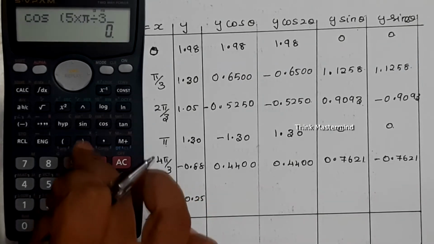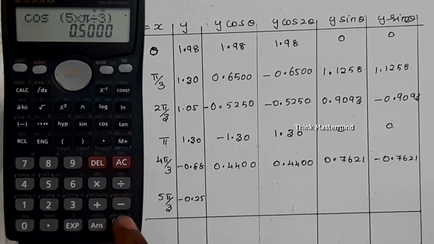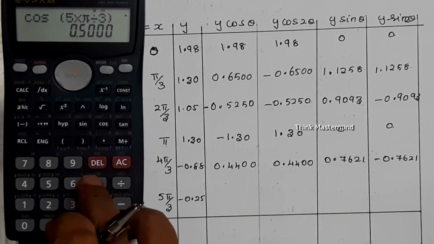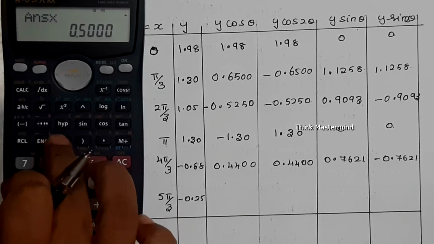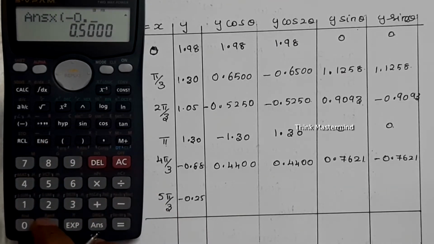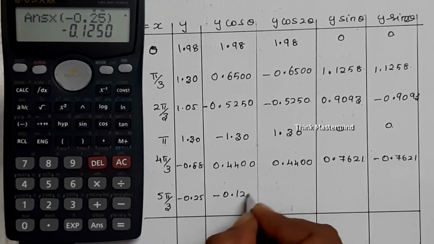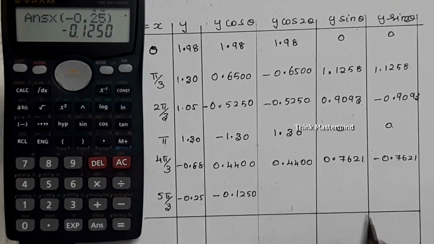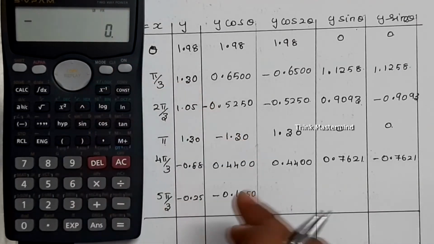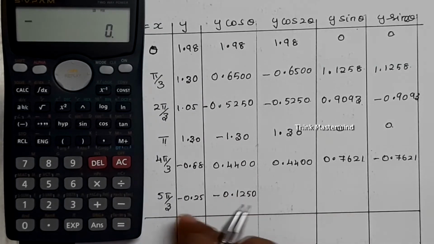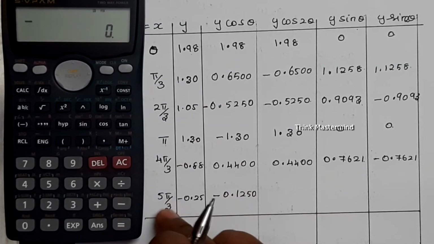divided by 3, close the bracket, that is equal to 0.5 into corresponding y value is minus 0.25, that is equal to minus 0.1250. Again, that is cos of 2 theta. Cos of 2 theta is 10 pi by 3.